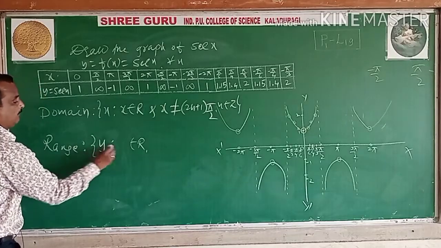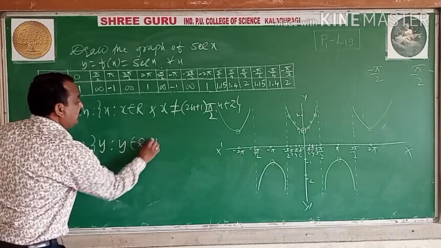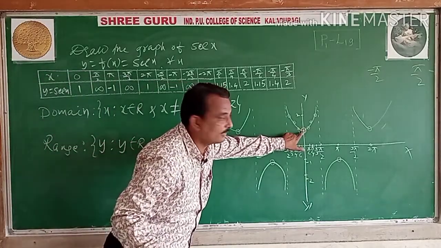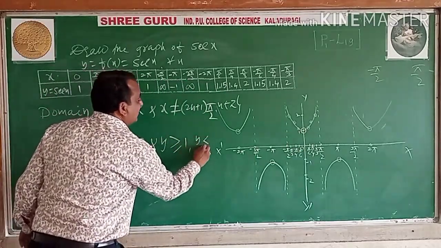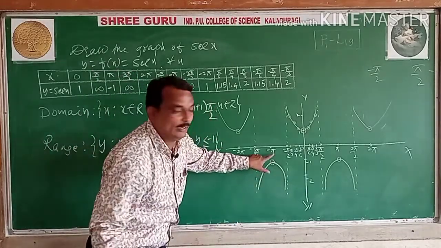The range is the set of y such that y belongs to the real numbers and y is greater than or equal to 1, and y is less than or equal to minus 1.